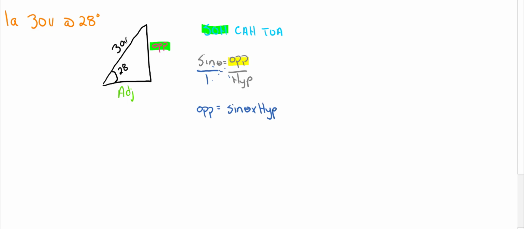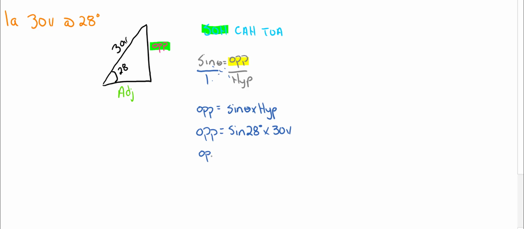We all see how that happens? I place sine theta over 1. Then I can cross multiply. I can go 1 times the opposite is equal to the opposite, and sine theta times the hypotenuse is equal to the other side of the formula. So now the opposite would be equal to the sine of 28 degrees multiplied by our hypotenuse, which is 30 volts.